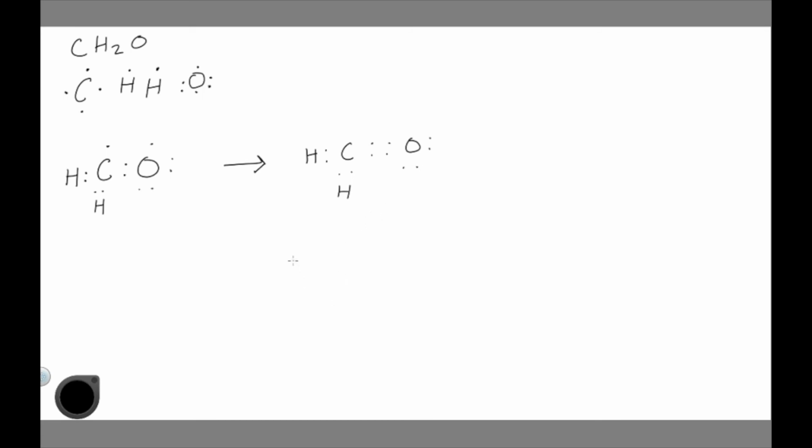For our double bond between carbon and oxygen, 4 electrons are being shared between them instead of 2. Now each atom in the molecule is completely satisfied without going over our electron total of 12.